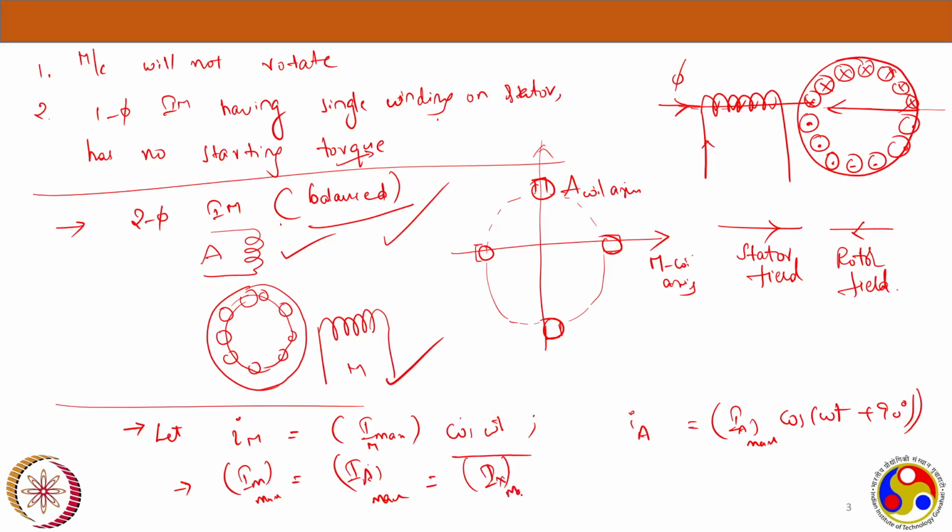Let's say Im max is equal to Ia max is equal to Ix max, because they are the same, then both magnitudes will be the same.